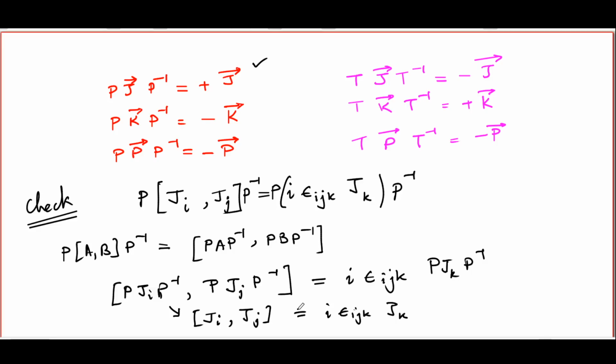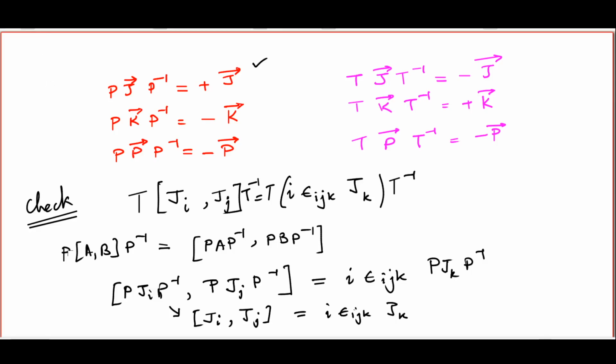So this particular transformation equation is definitely consistent with the way the angular momentum operators commute with each other. Well, what about the time reversal transformation, capital T J T inverse is minus J? Now, if we did the same thing with capital T, all we would have to do is change these P's to T's, and you would get T Ji Jj T inverse equals T i epsilon ijk Jk T inverse.